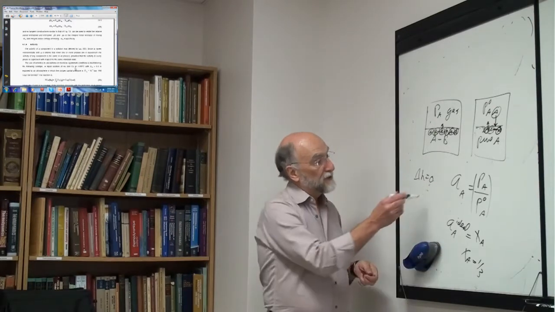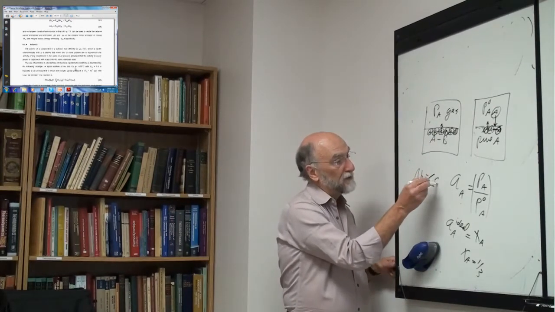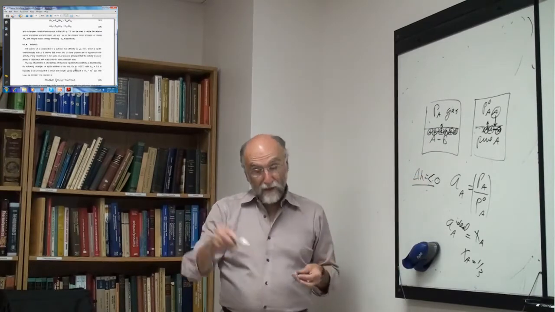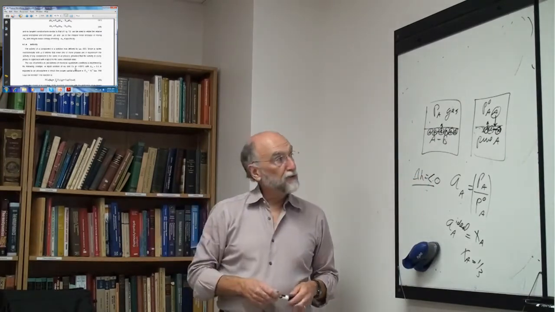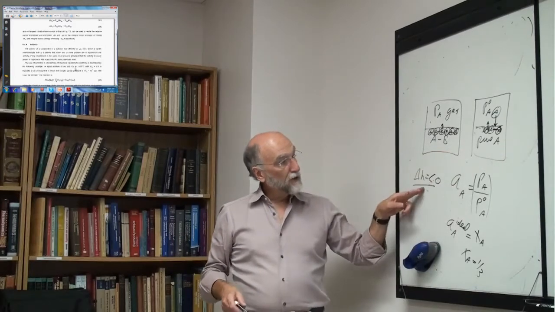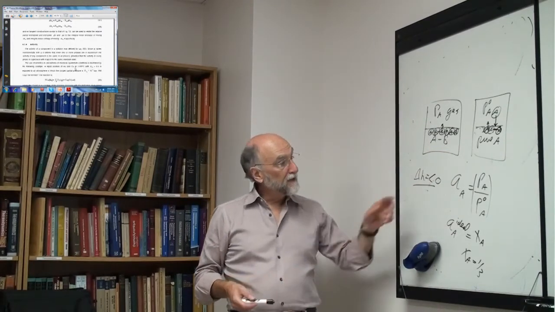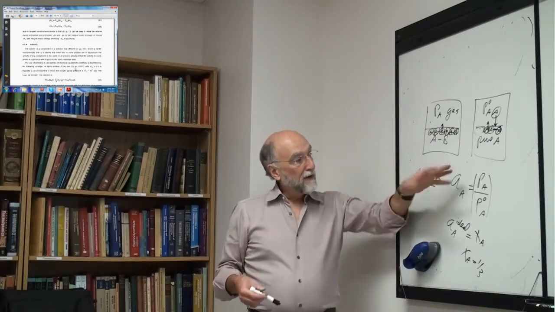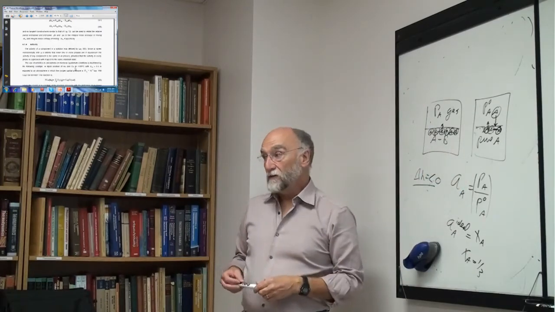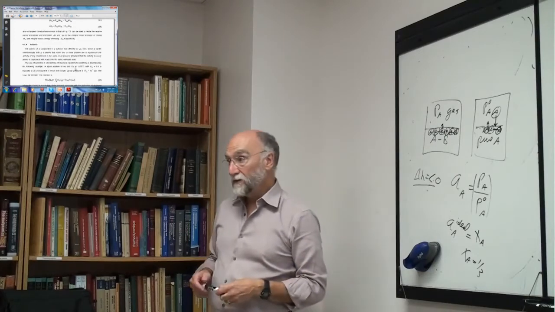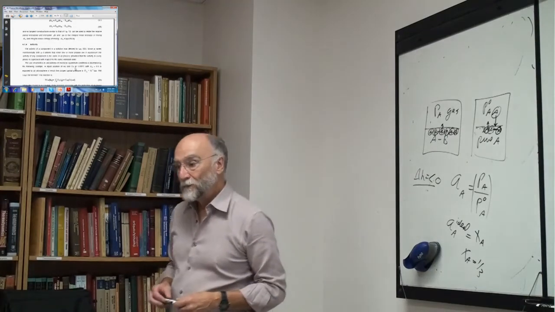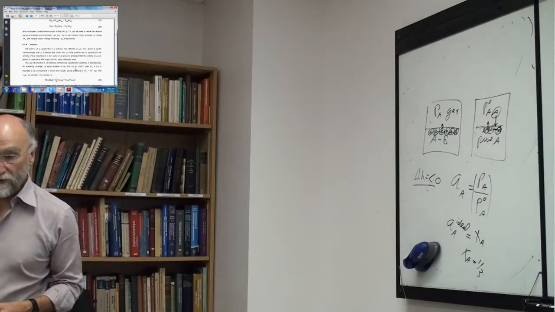So this depends on delta H. If delta H is less than 0, you have an exothermic heat of mixing. That means the bonds in solution are stronger than in the pure material. That's going to lower the activity and gives you negative deviations from ideality. If delta H is positive, they're less strongly held, so you'll get positive deviations. The activity will be greater than in the ideal solution. So that's your enthalpy effect.